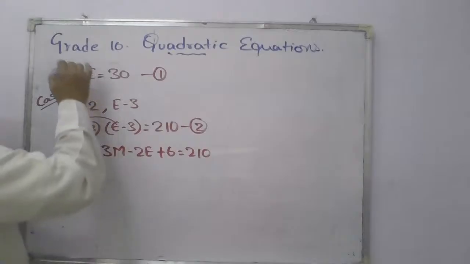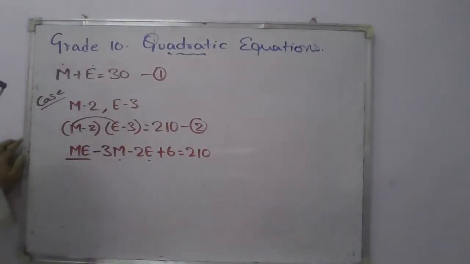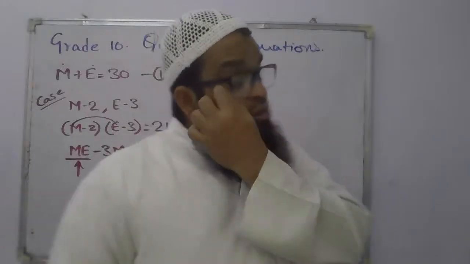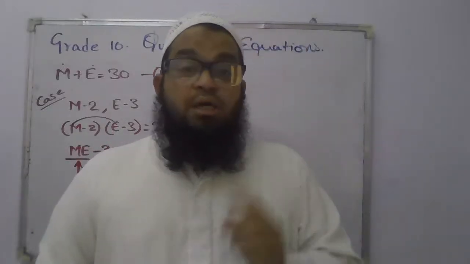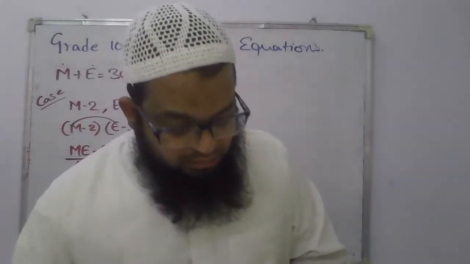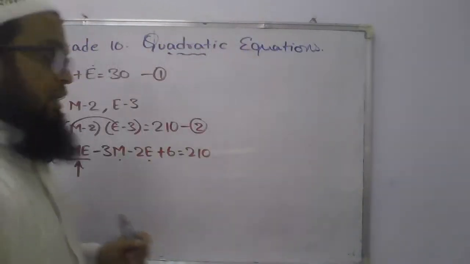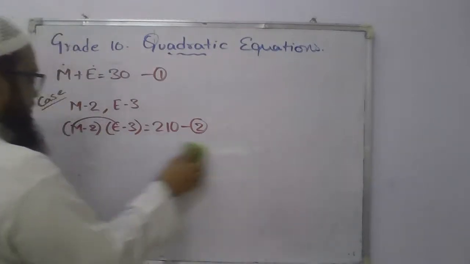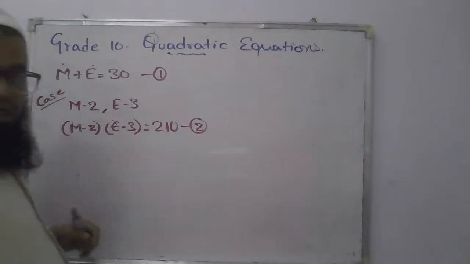If I have two variables and two equations, then I can do it as a linear equation in two variables. But here I have a third variable. When you have a third variable, can you do it by linear equations in two variables? No, I cannot. So from here, you should understand that this is not a problem of linear equations in two variables.